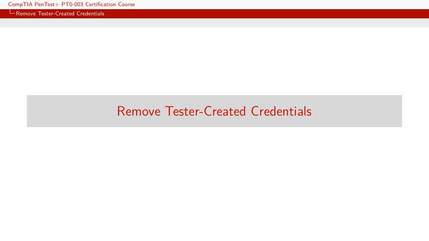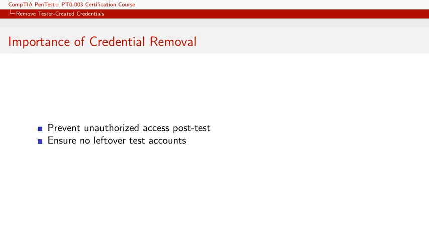We'll go through the steps to identify and securely remove any accounts, permissions, or passwords that were created during the testing process. This is a crucial part of reverting any configuration changes and ensuring that the environment is returned to its original state, securing the system from any unintended vulnerabilities. The removal of tester-created credentials is crucial for maintaining security after completing a penetration test.